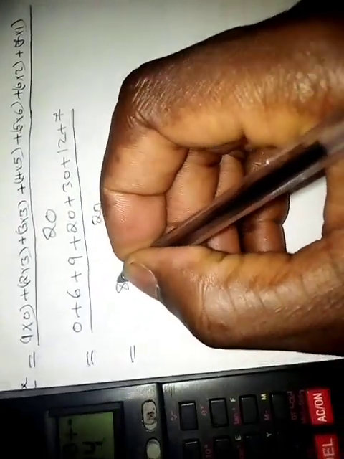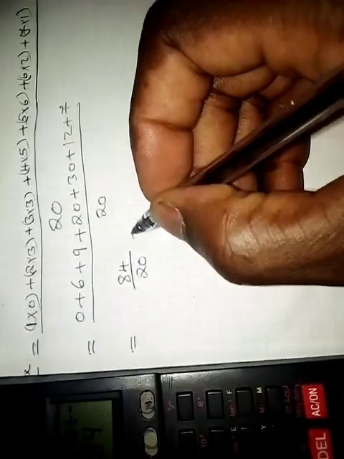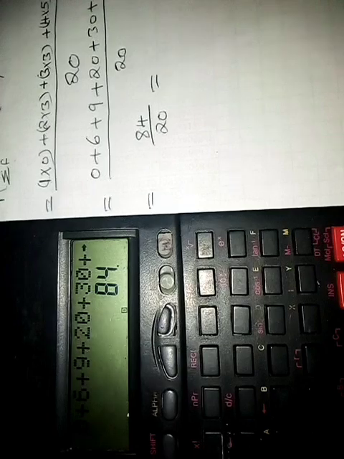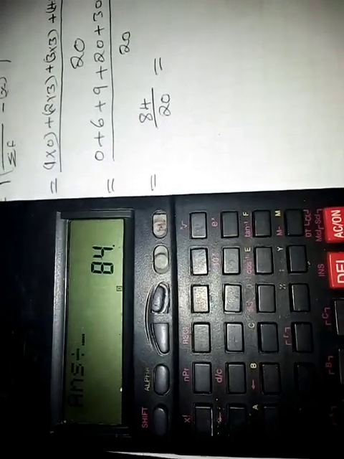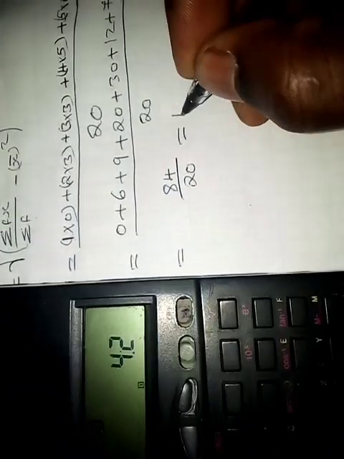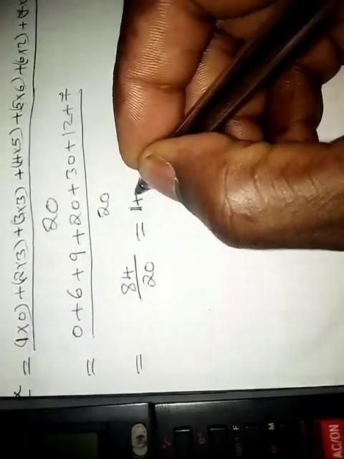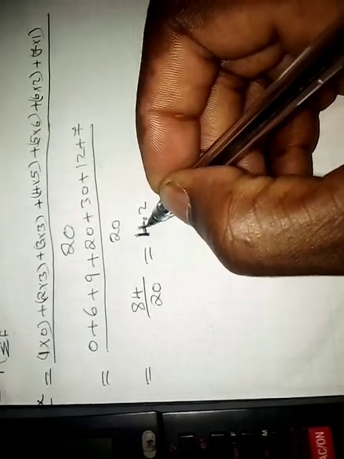So then you write 84, everything divided by 20. If you divide this, 84 divided by 20, you have 4.2 here. This is your mean.